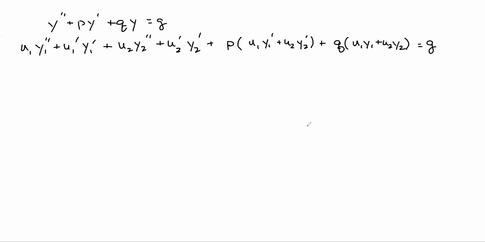All right, so we want to take that and do some simplifying to it. What we're going to do is group up the u1s and the u2s, and nice things are going to happen. So we have u1 times y1 double prime, u1 times py1 prime, and then u1 times qy1.